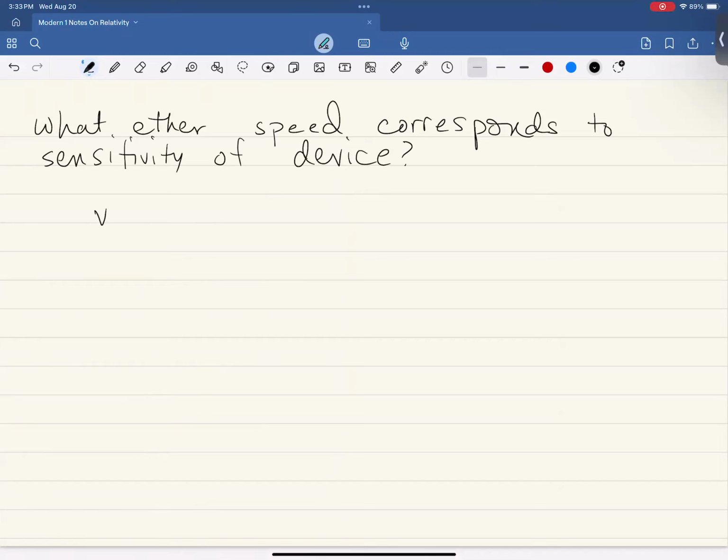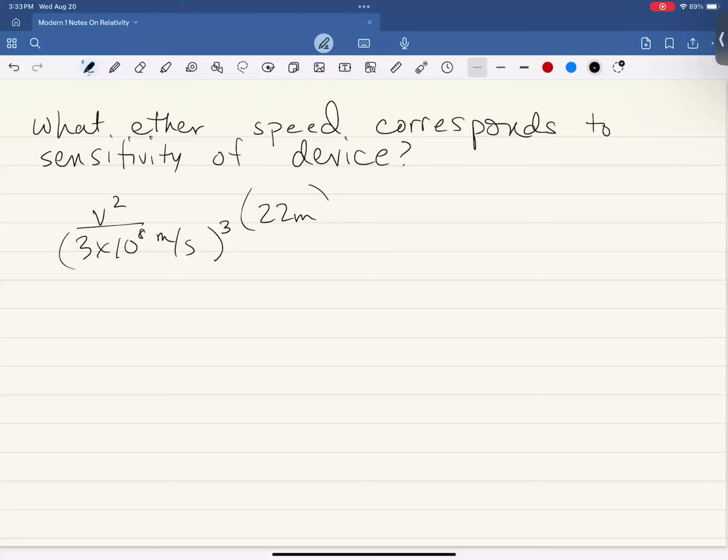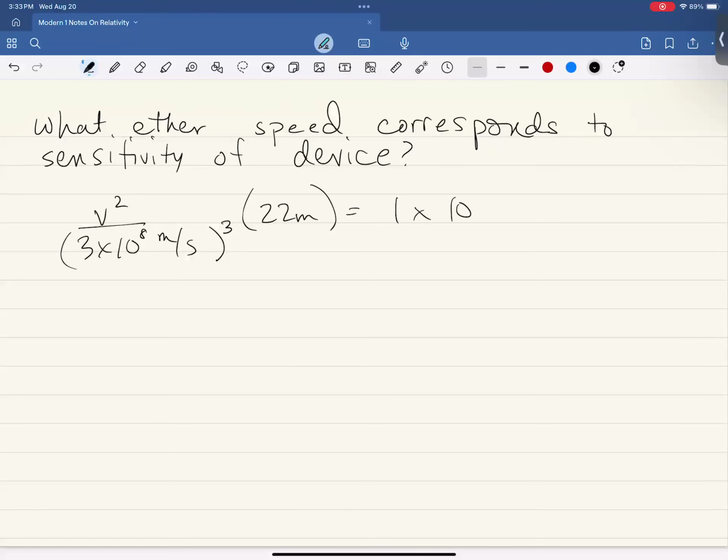Okay, so here we have v squared over c cubed times 22 meters. And then the sensitivity of the device was 1 times 10 to the minus 17 seconds. And then if you solve that, you get v is about 3,500 meters per second.